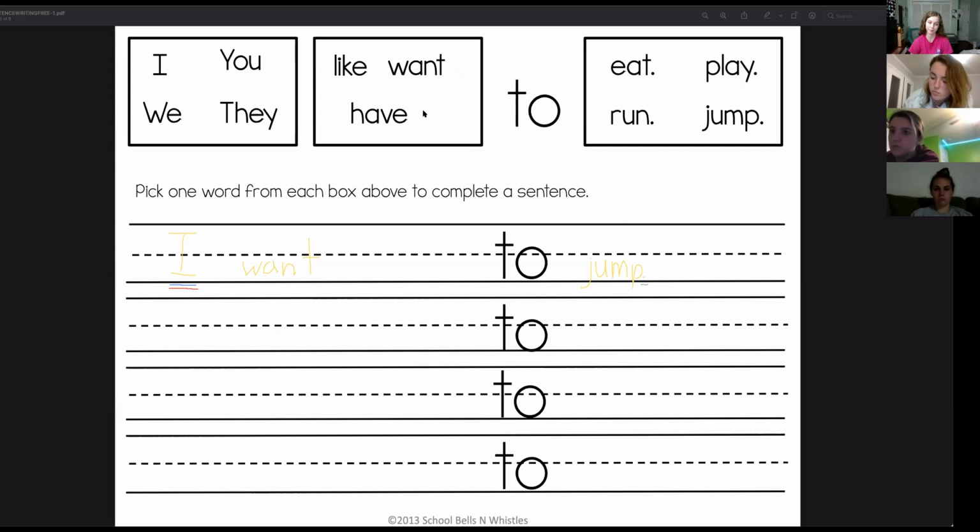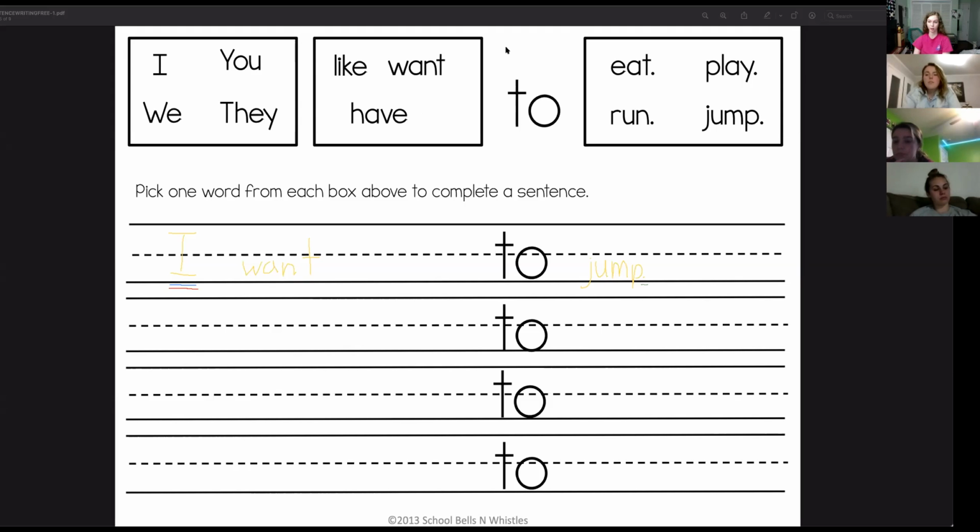You guys have about 3 minutes left. There's about 2 minutes left.